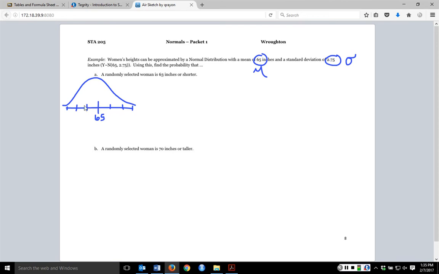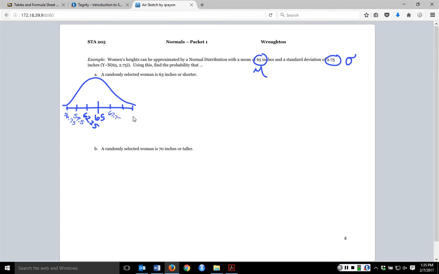So we subtract 2.75 as we go to the left. We get 62.25 for that one. Subtract another 2.75, we get 59.5, and another 2.75, we get 56.75.